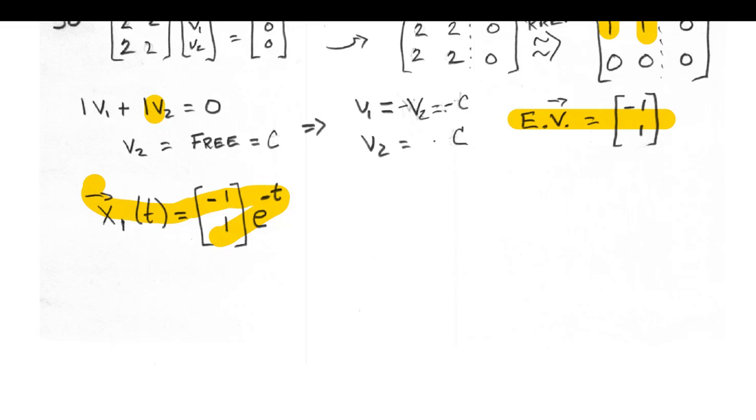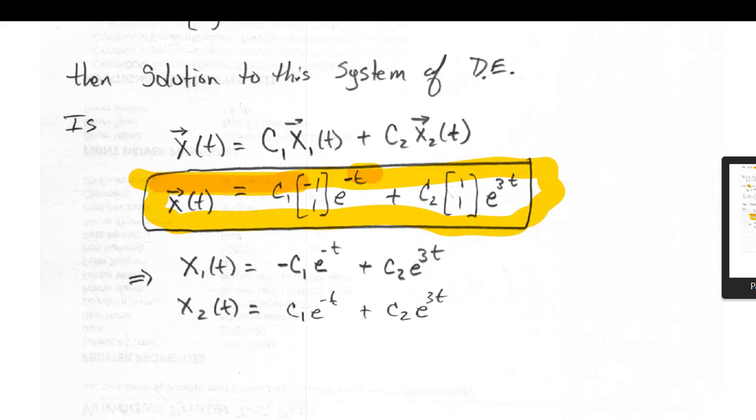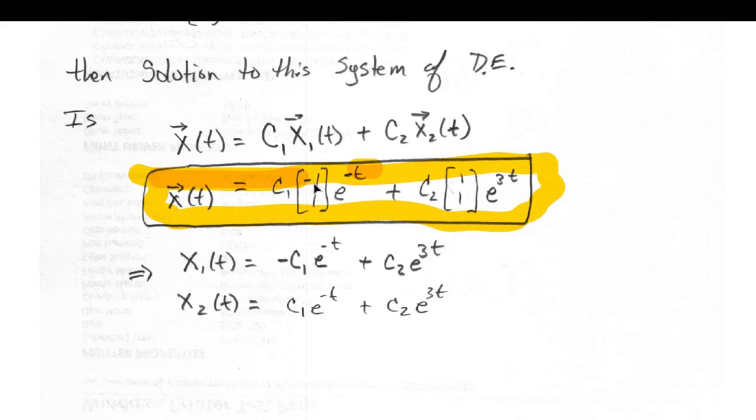And if that were the case, down here in my solution, this would be 1 on top and minus 1 on bottom. But remember, because those are parameters that we don't know until we're given an initial condition, those will take on different values depending on what you choose to make the system work.